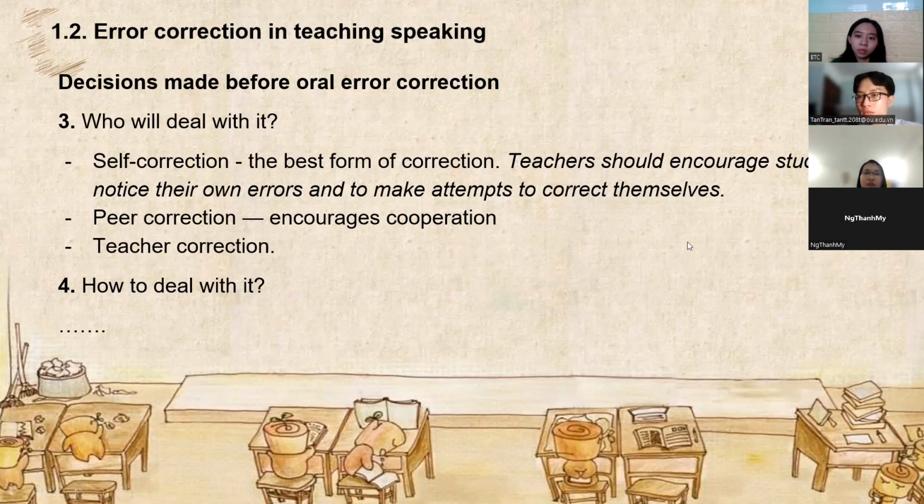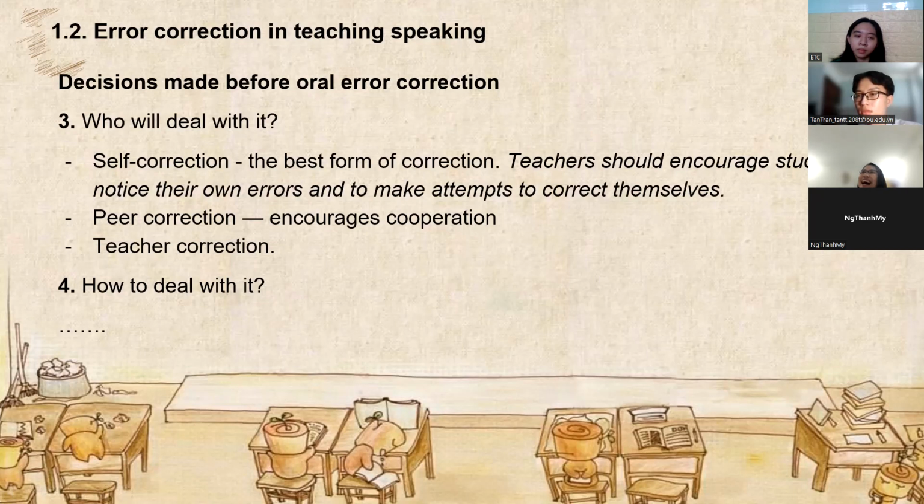Then we go with peer correction. It means we get help from their friends. But if we use this one, sometimes we need to be careful of the effectiveness of the friends. Sometimes the friends will not give really good feedback.